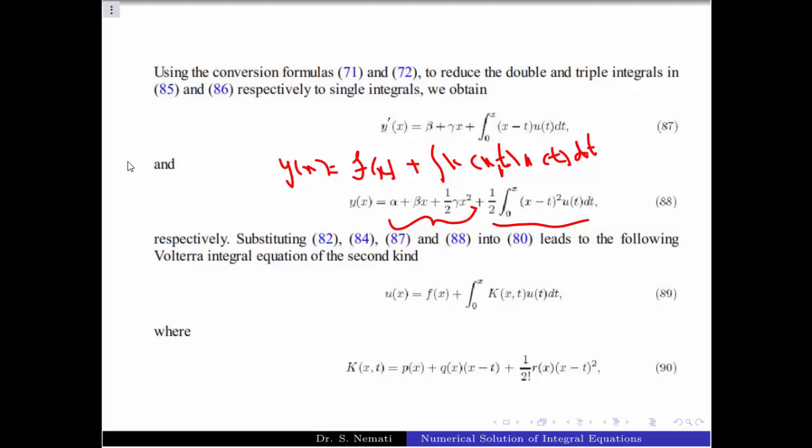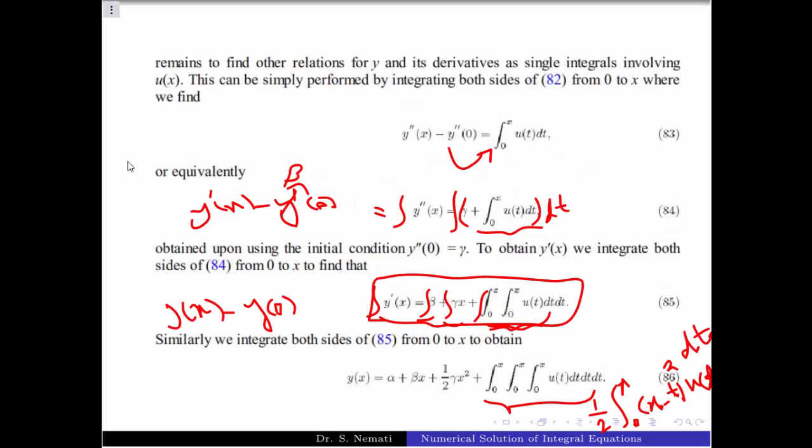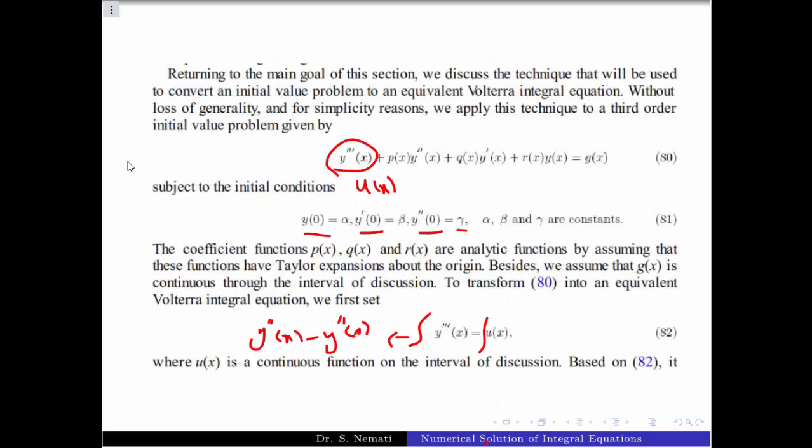But as you remember, first of all, we supposed that the third order derivative of y is equal to u of x.